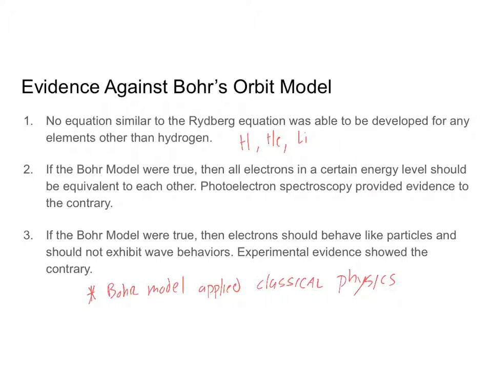It also followed the idea of centripetal force, which I'm sure you talked about in your physics class last year. It's the force that keeps things orbiting, that you feel as you go around a corner.